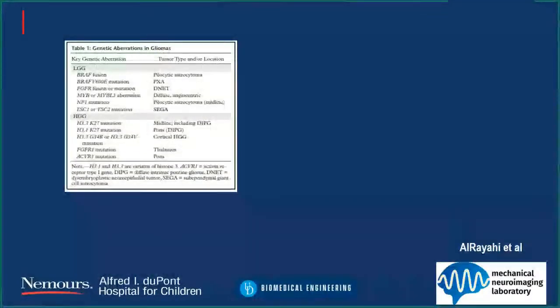So as we know, according to the recent WHO classification, gliomas have been further subcategorized based on their underlying genetic abnormalities. For example, in low-grade glioma, BRAF mutation is one of the commonest mutations in pediatric low-grade gliomas.